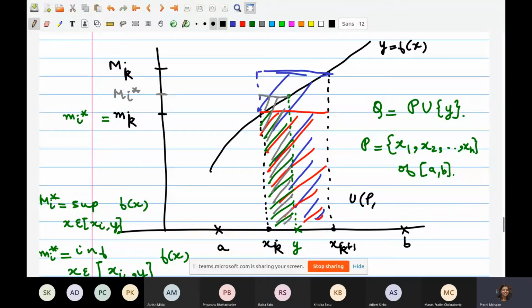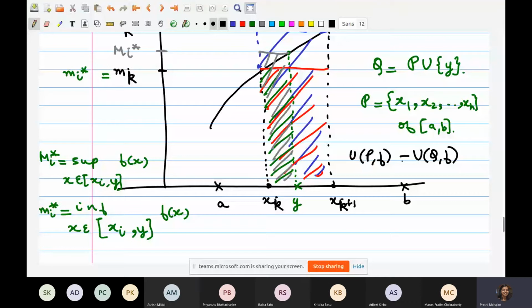I am considering the upper sum corresponding to the partition P minus the upper sum corresponding to the partition Q. By definition, you will have the length of the subinterval, x2 minus x1, times the supremum of f restricted to this subinterval. This is the contribution from the partition P. A similar term will appear in the upper sum corresponding to the partition Q, and hence that will cancel out.